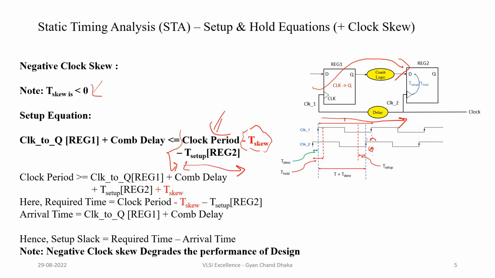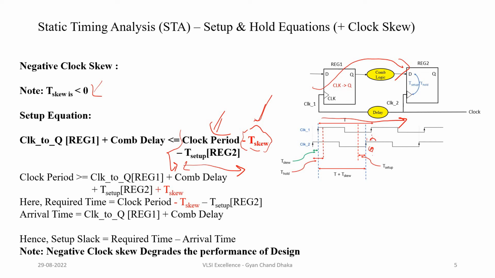Correct? Now we have to meet this requirement in T skew time less. So here we have put minus T skew. This minus T skew has taken care of the T skew being less than 0. So we don't have to put an extra minus here. We have already taken care of the negative clock skew by subtracting the T skew time.